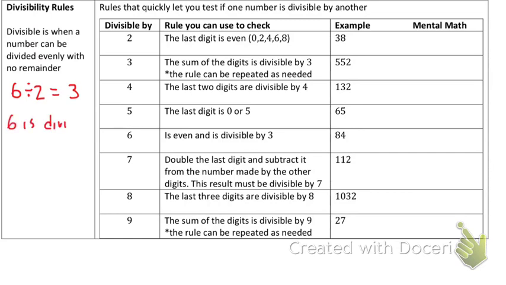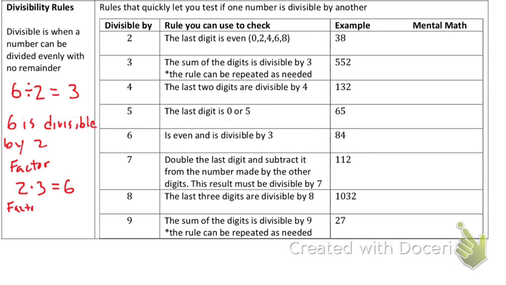And this helps us because it will help us find factor pairs. So now I know that my factor pairs of 6, for example, can be 2 and 3, because 2 times 3 will get me back to 6. So again, we have that same idea.